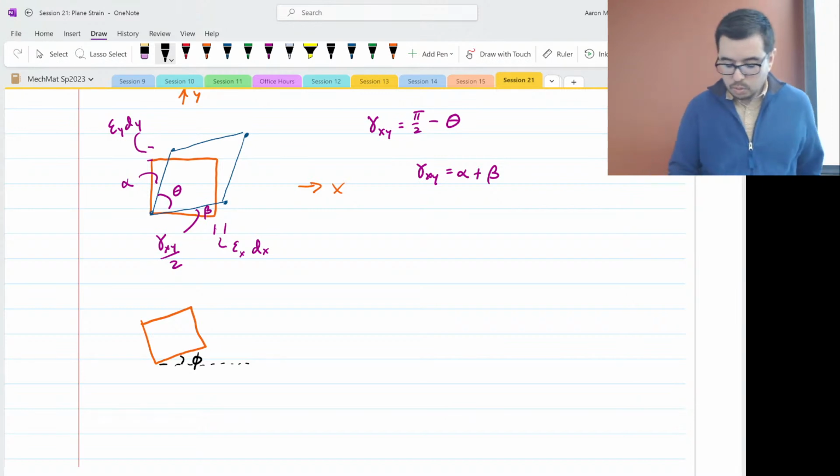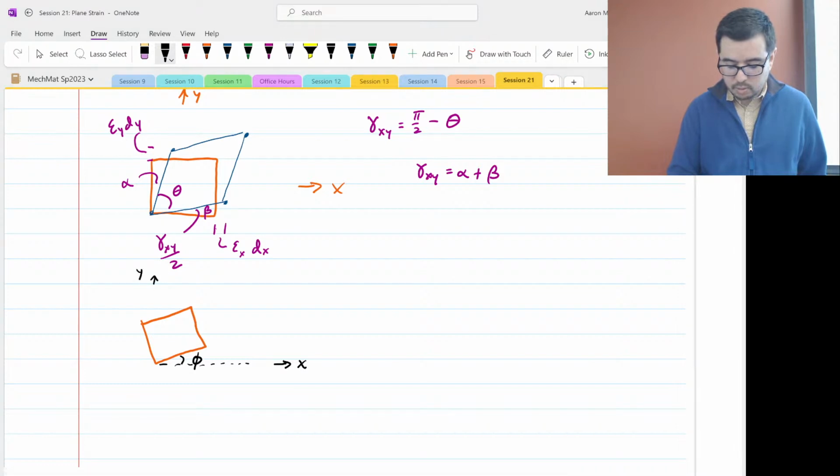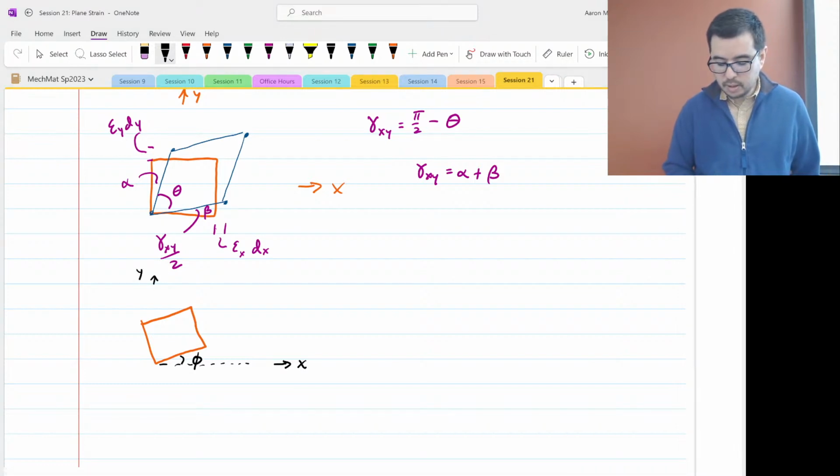So in this particular case, what we can go by is the original x and y, as we see there. And now the new x prime and y prime are as we see there.